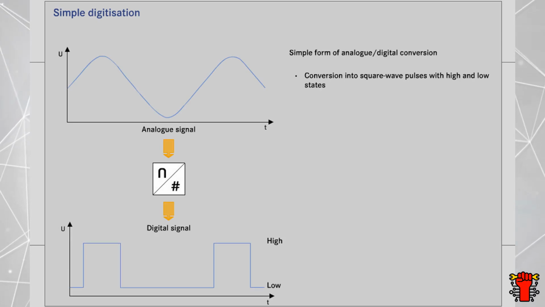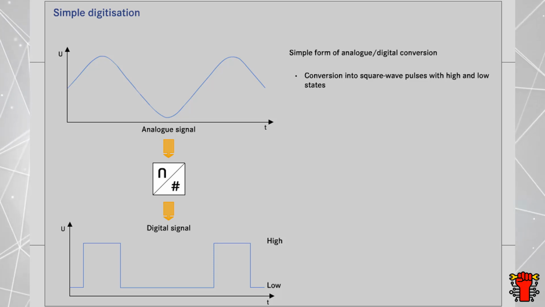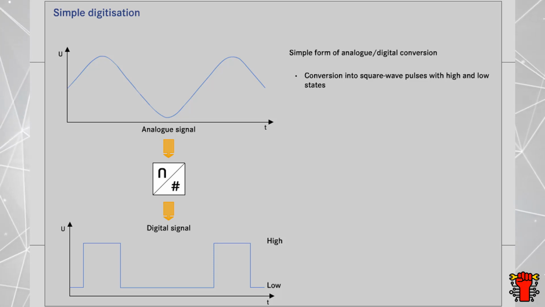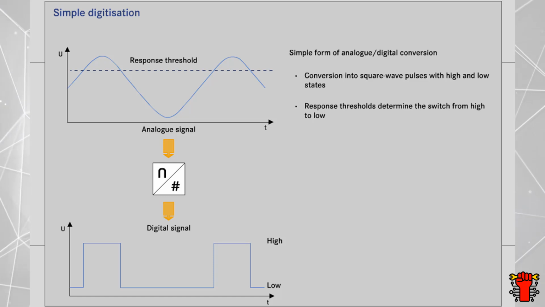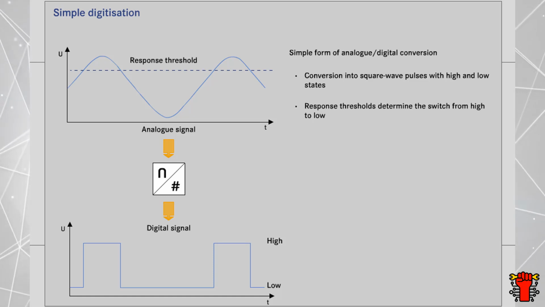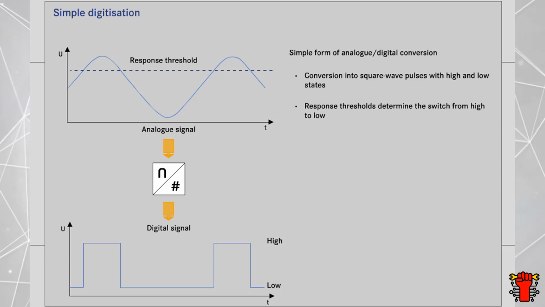In the simplest form of digitization, the analog signal is converted into corresponding square wave pulses which switch between high and low states. One or several response thresholds determine when to switch from high to low and from low to high.